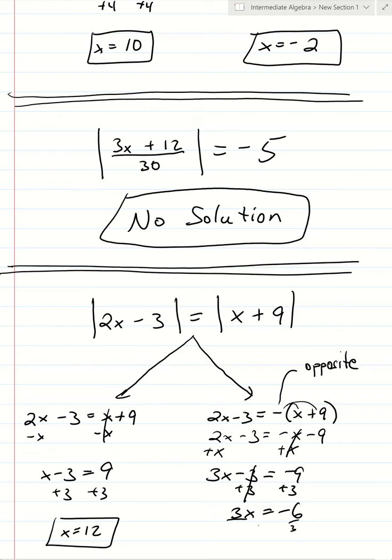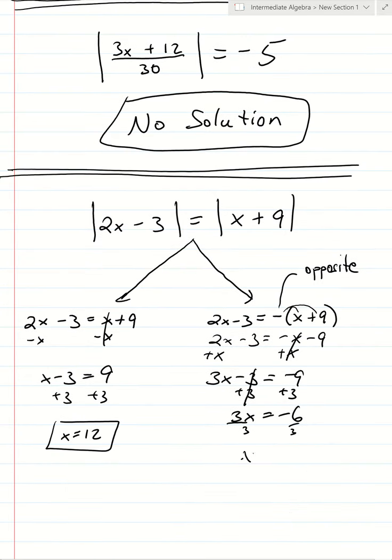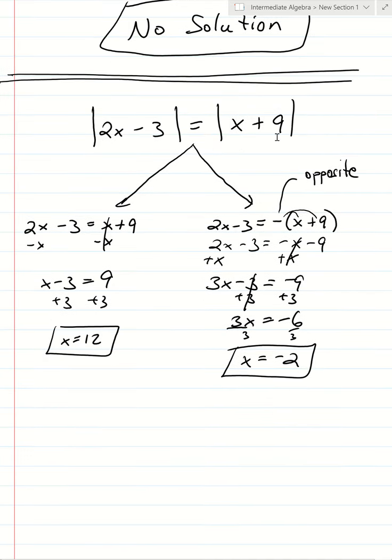Dividing both sides now by 3, that would give us our second solution, that x in fact equals a negative 2. Okay? So the process is the same when you have more than one absolute value, with more than one algebraic expression. You take the opposite of the second side, the right side.